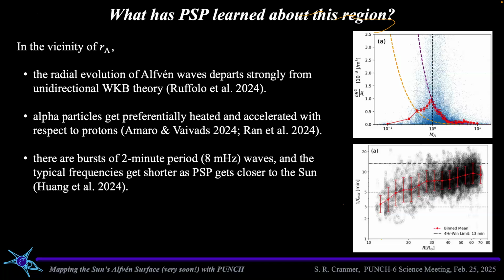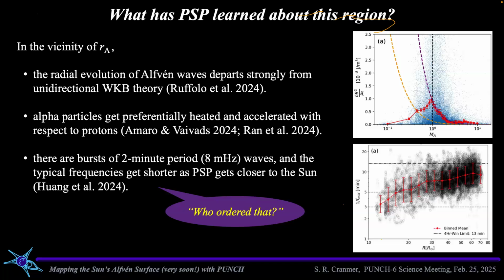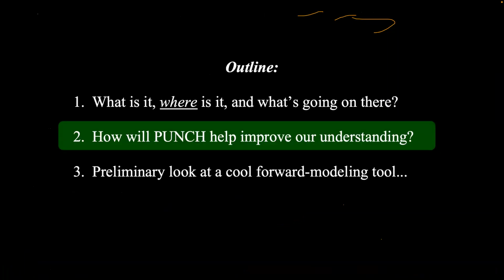And also, as we've gotten closer to the sun, the typical periods of MHD waves and fluctuations have gotten shorter and shorter, which is the one that surprised me the most. 2-minute periods. It's really hard to figure out what's generating something like that. So yeah, there's still a lot of interesting things to learn about this region.